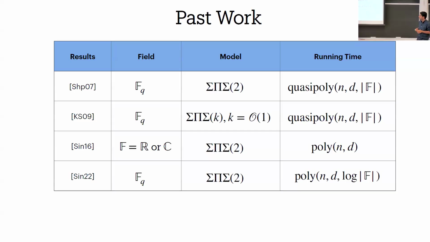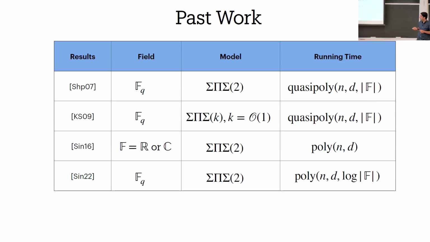This was further generalized by Karnin-Shpilka, for any constant k, but the dependence on the field size continued. And we will discuss why there's this kind of field dependence in these results.